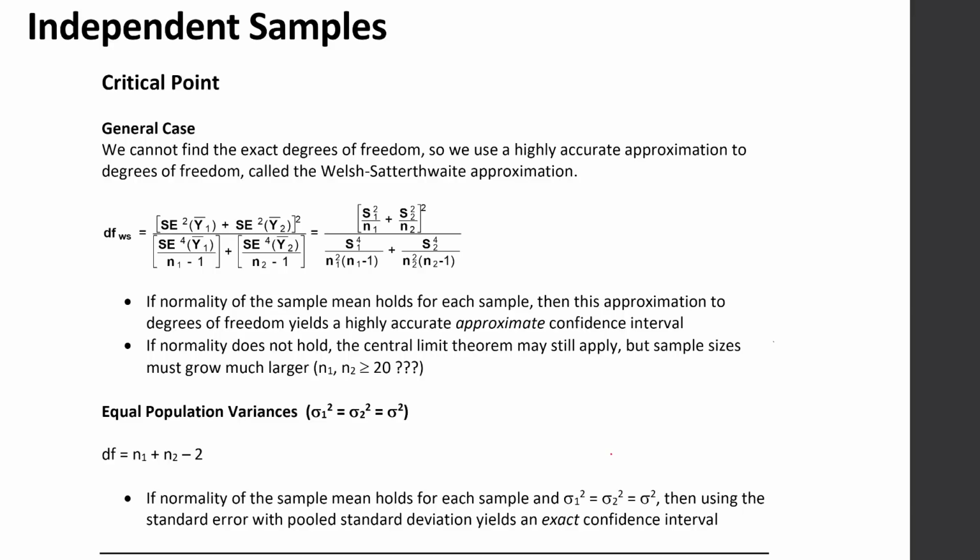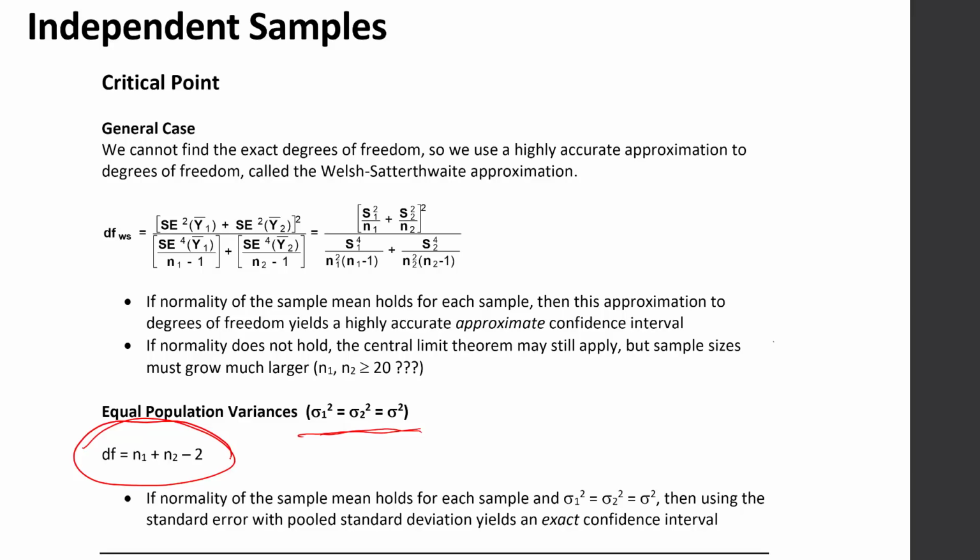And this is a highly approximate confidence interval. If normality does not hold, the central limit theorem still may apply, but the sample sizes must grow much larger. And then if you're assuming those equal population variances and using that pooled estimator, then your degrees of freedom are going to be very similar to what we had before. It's your sample size for the first group minus 1 plus your sample size for the second group minus 1, otherwise known as N1 plus N2 minus 2.